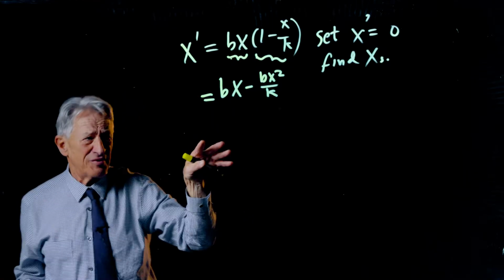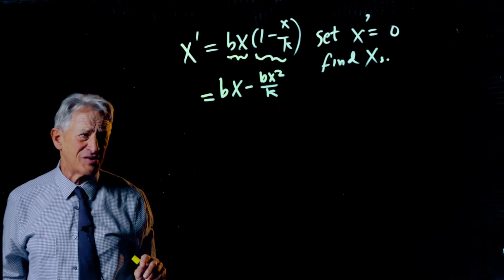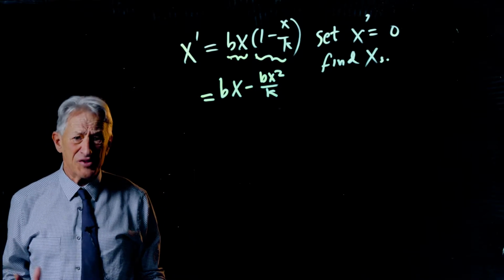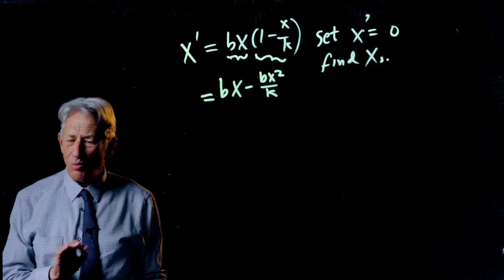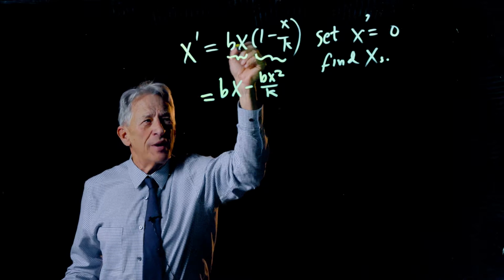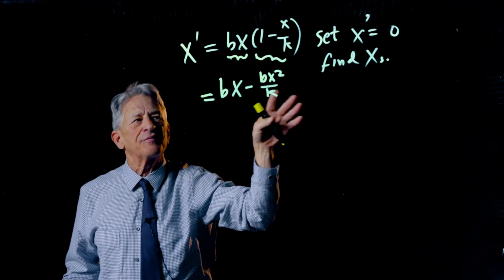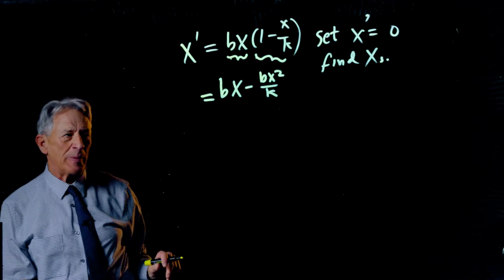But maybe in another circumstance, I couldn't simply divide out by x. And then I would have to solve a quadratic equation. I don't want to have to solve quadratic equations. So it's best to leave this in the factored form because finding the zeros is easy.